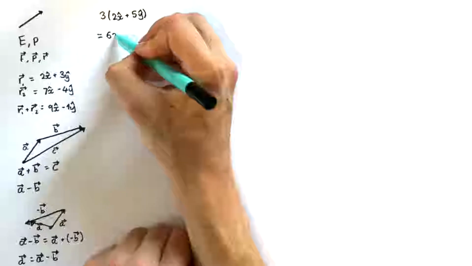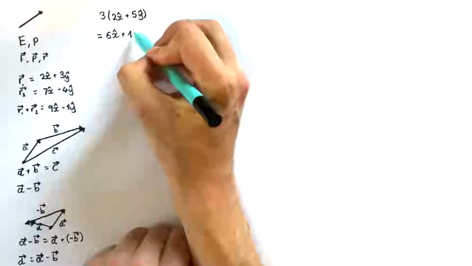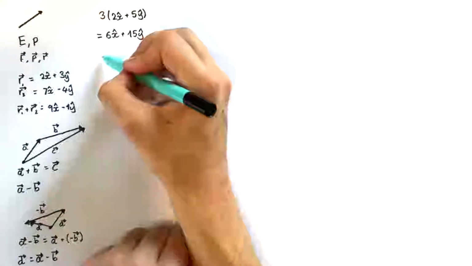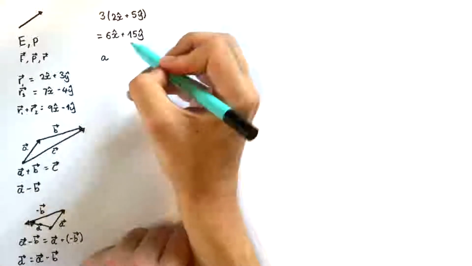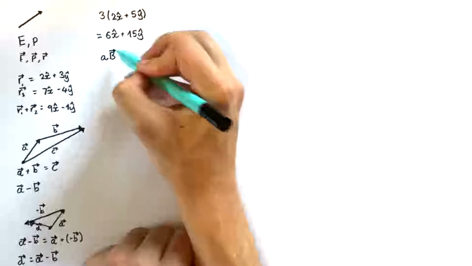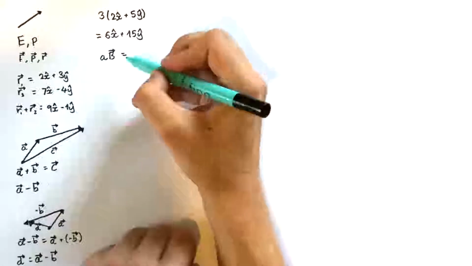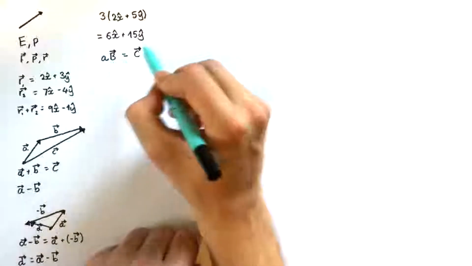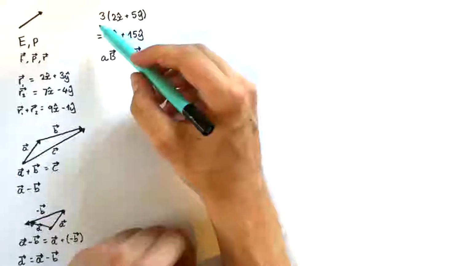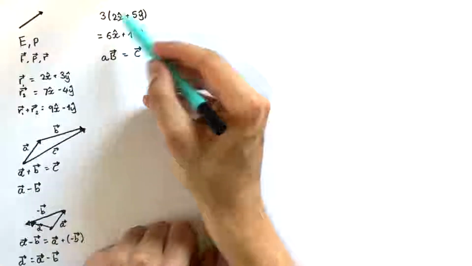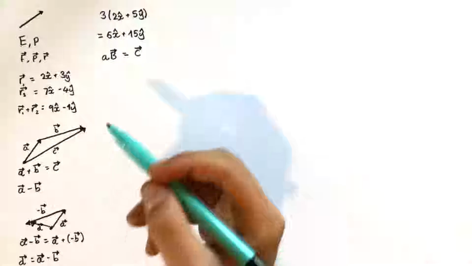We end up with 6x hat plus 15y hat. So generally we can say that a scalar A multiplied by a vector B is just another vector C. A scalar multiplied by a vector is a vector, and we simply multiply each component in the vector by the scalar.